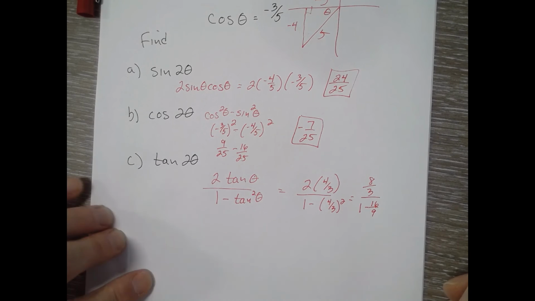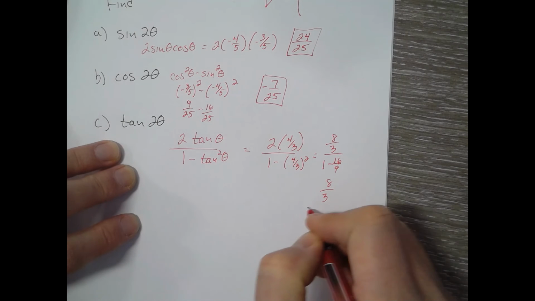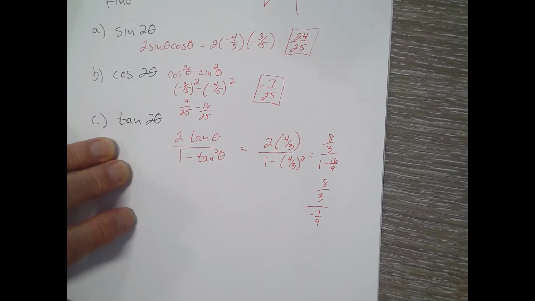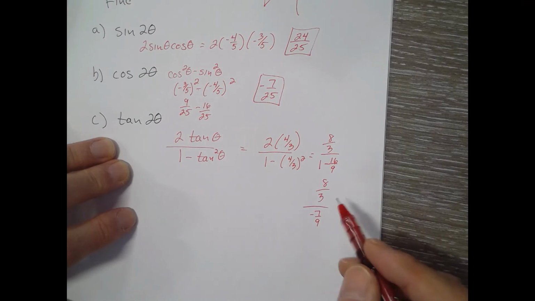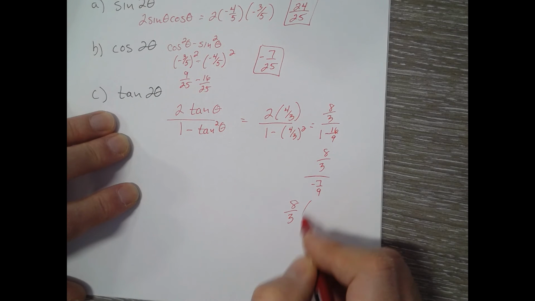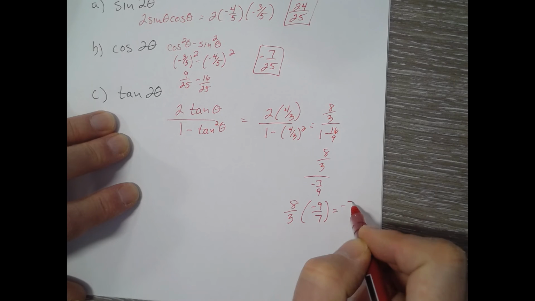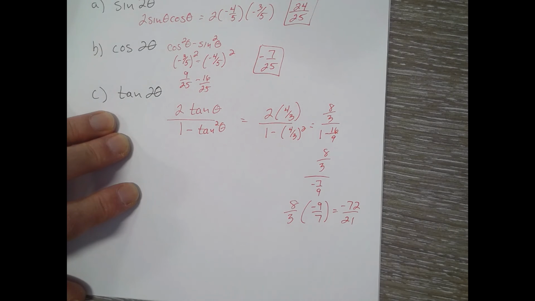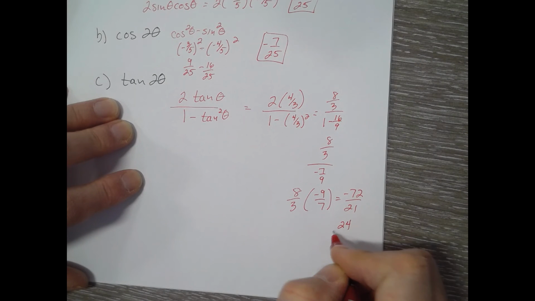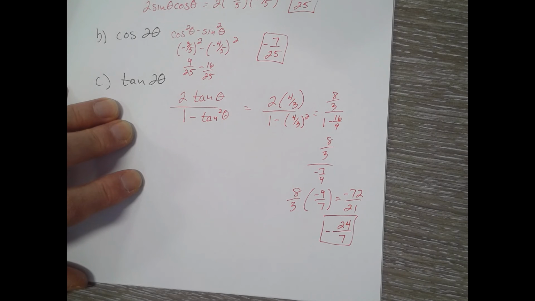So I get 8/3 over 9/9 minus 16/9, which is negative 7/9. And then a fraction divided by a fraction is the same as multiplying by the reciprocal. So 8/3 times the reciprocal, which is negative 9 over 7, negative 72 over 21. 3 goes in there 24 times, and it goes in there 7. So negative 24/7. The long way.